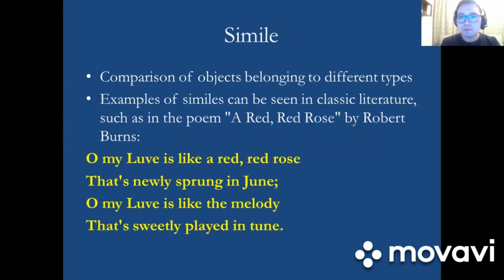So now we are going to look at some types of stylistic devices, see what they represent and what kind of effect they produce. The first stylistic device that we are going to consider is simile. Simile represents a comparison of objects belonging to different types, to different categories. So what does it mean that they belong to different categories?